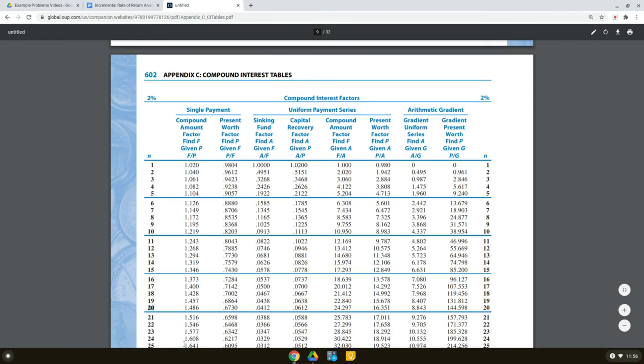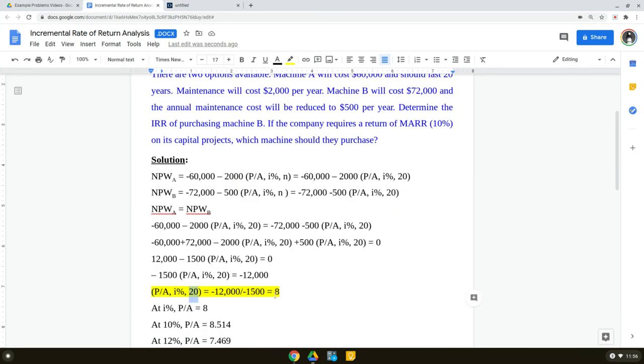And in the P given A column, this is the present worth factor, we find P given A. That is 16.351. But we want that value to be 8.